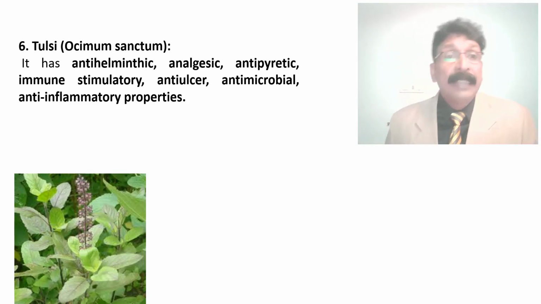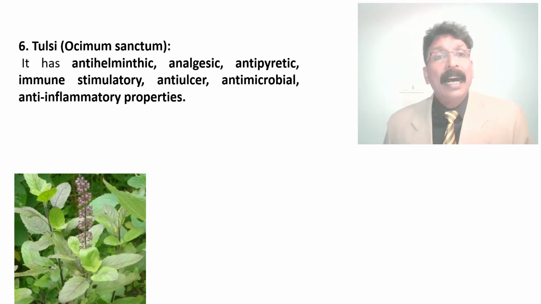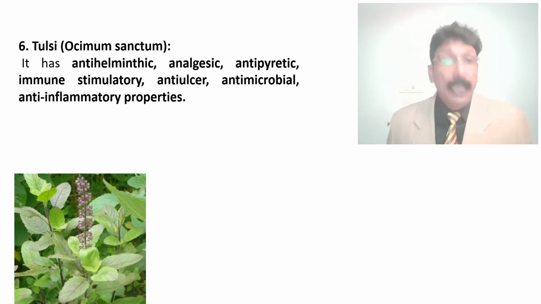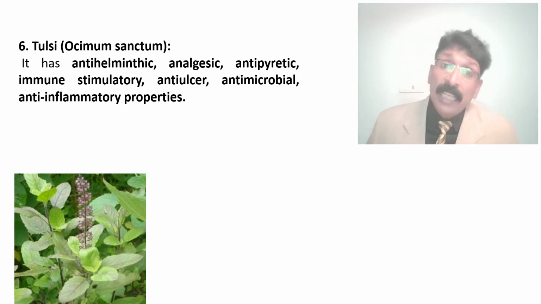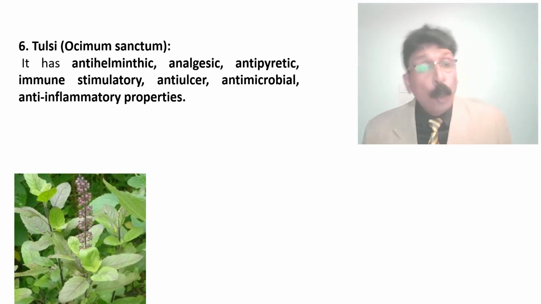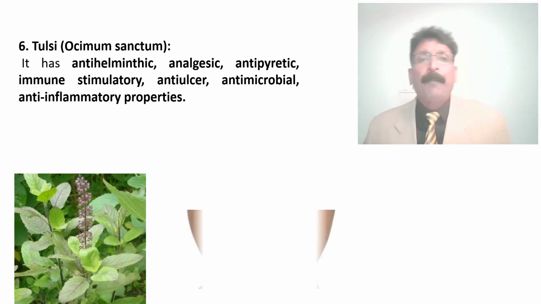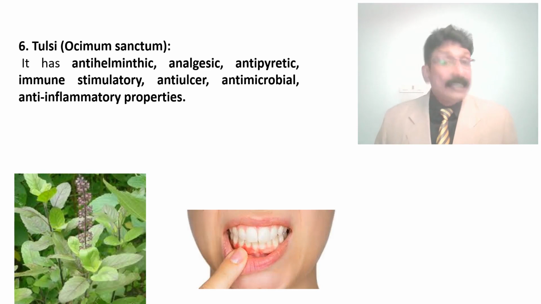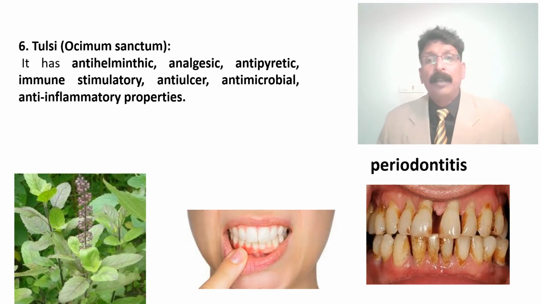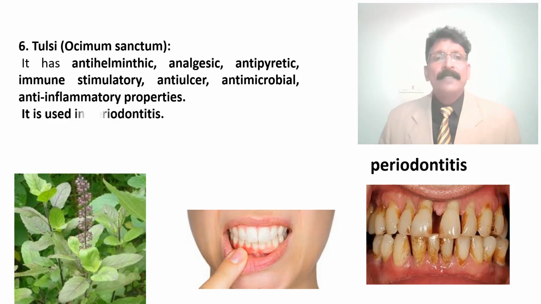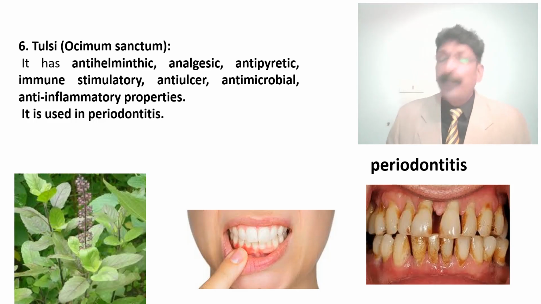It has anthelmintic, analgesic, antipyretic, immune stimulatory, anti-ulcer, antimicrobial, and anti-inflammatory properties. This is just a picture to show you gingivitis, and this is about periodontitis. It is used in periodontitis.